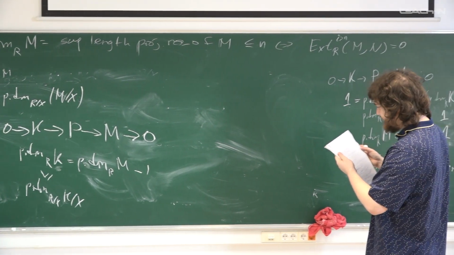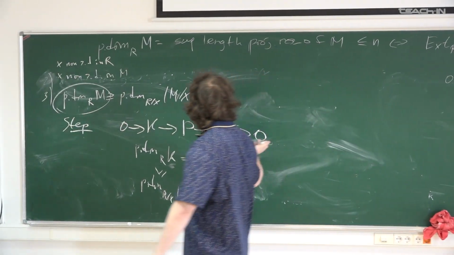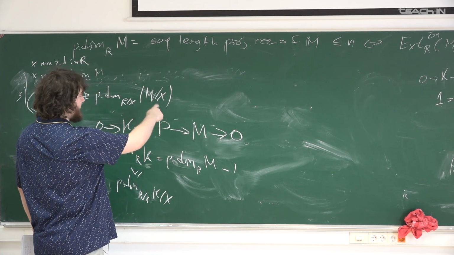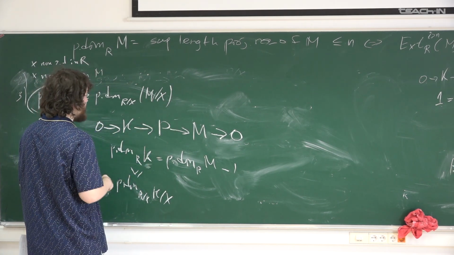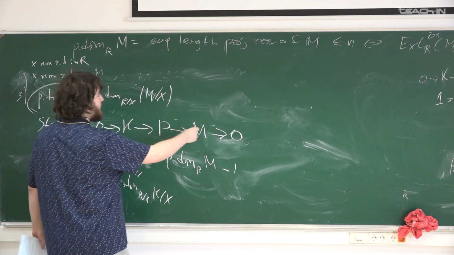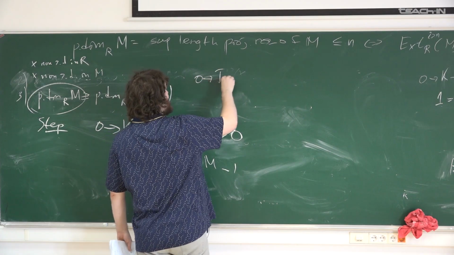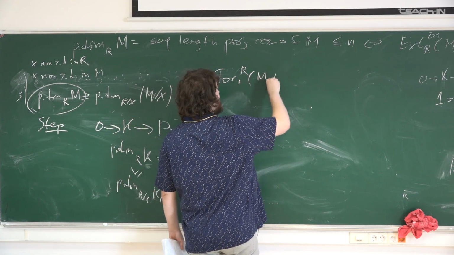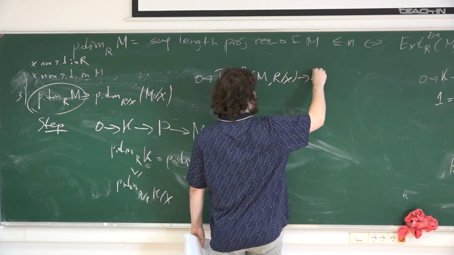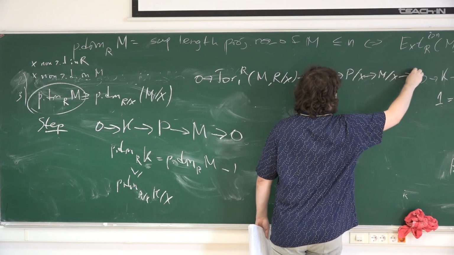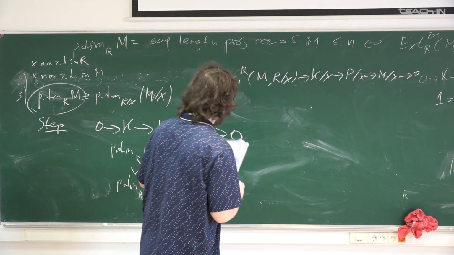Again, I consider the exact sequence of Tor after tensoring with R modulo X of this short exact sequence. I have Tor 1 between this and R modulo X is 0 because it's projective. So in fact, I obtain again this long exact sequence. This is more or less the same argument.